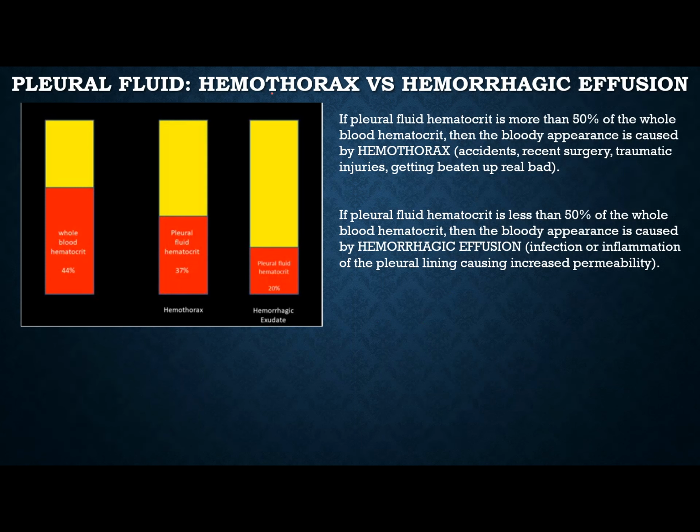Now, in pleural fluid class, there are two things you need to take note. You need to learn how to differentiate a hemothorax from a hemorrhagic effusion. Now, in hemothorax and hemorrhagic effusion, what you need to identify first is the patient's blood hematocrit and pleural fluid hematocrit.